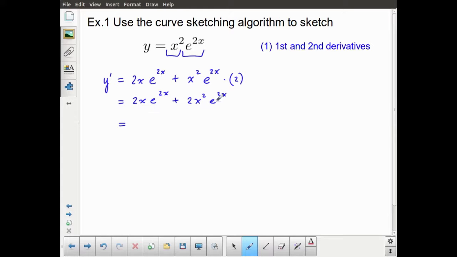So since I'm here, I'm just going to go ahead and put this into a factored form. There's a 2 common factor, there's an x common factor, and there's an e to the 2x common factor. And what's left behind here is just going to be a 1 plus an x. So that's good enough for this. I can work with this and I can solve this.